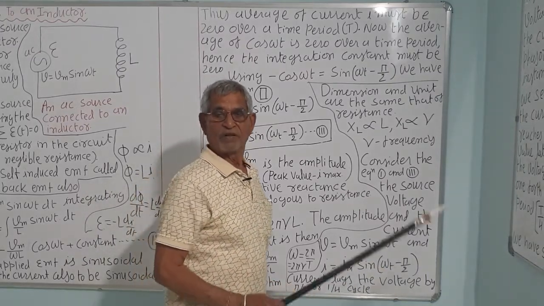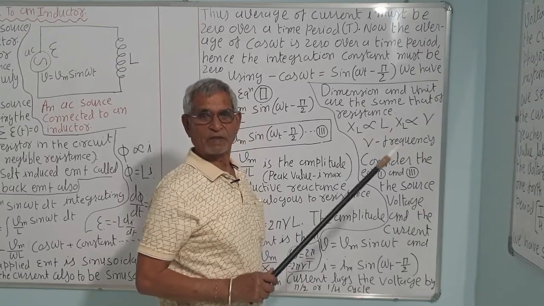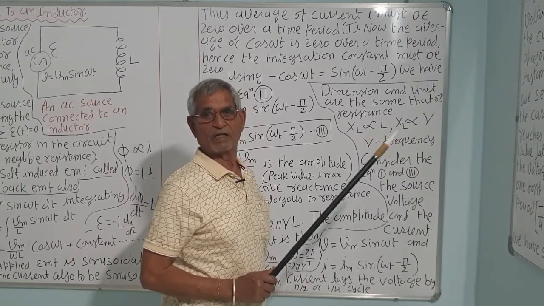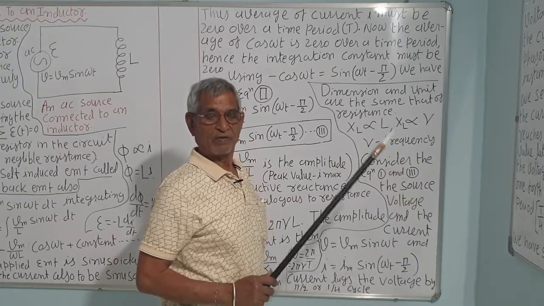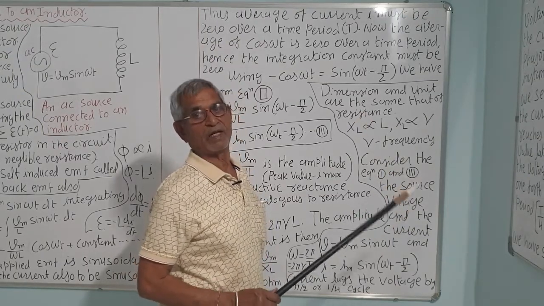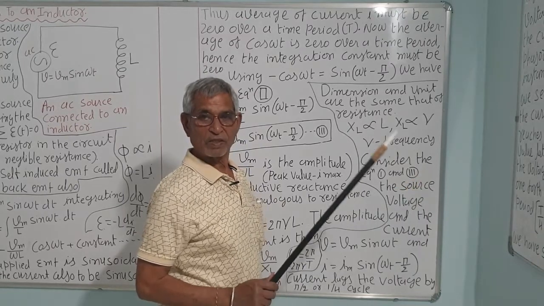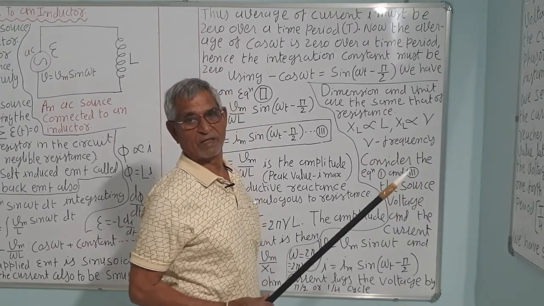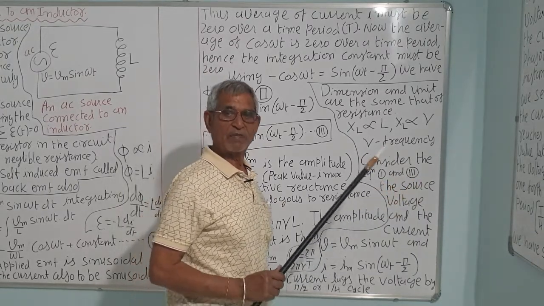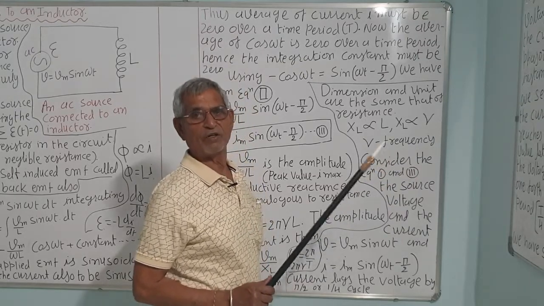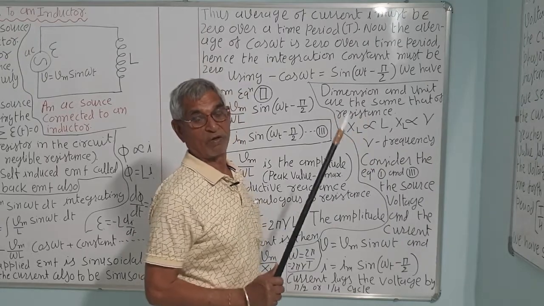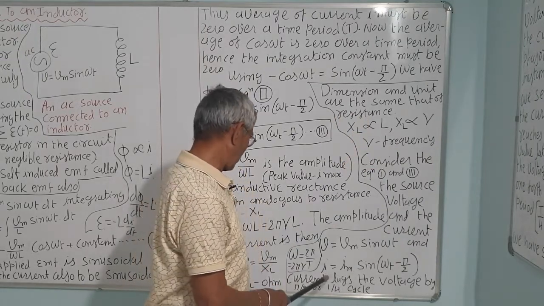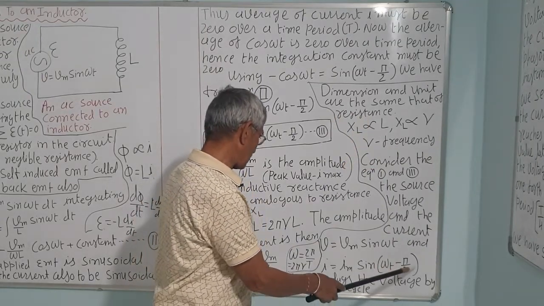That is, when we pass the AC current through the inductor, induced EMF is generated in opposition, and when induced EMF is generated, then current flows. So first is the induced EMF and then current. Whenever there is a change in the magnetic flux linked with the circuit, induced EMF is generated and hence current flows. So current flows later on, that is, it lags behind the voltage by pi by 2.